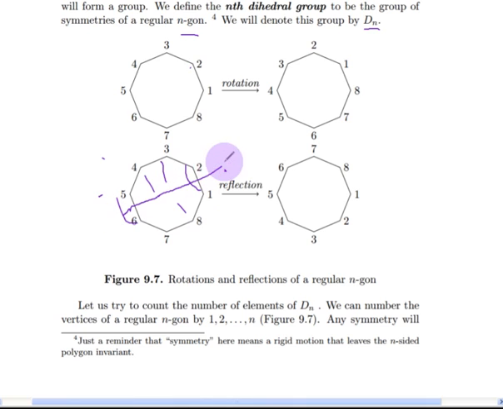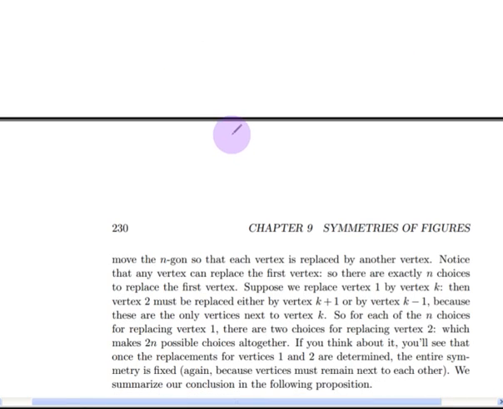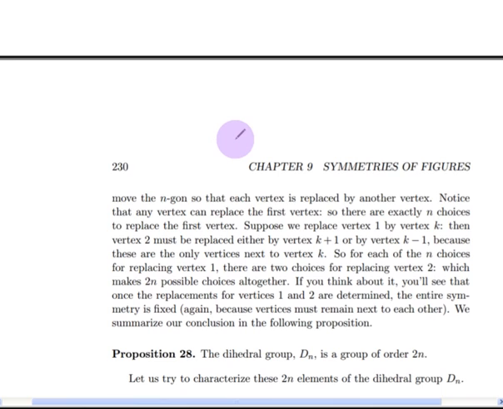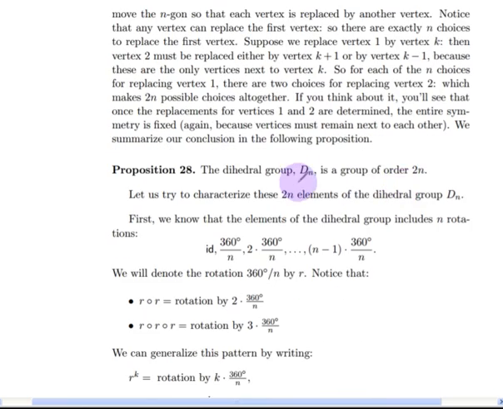That gives 8 axes to reflect in, so we have 8 reflections. All right, so we had 8 rotations, 8 reflections. That makes 16. So it would seem that for the dihedral group D_n, there should be 2n symmetries in that group.